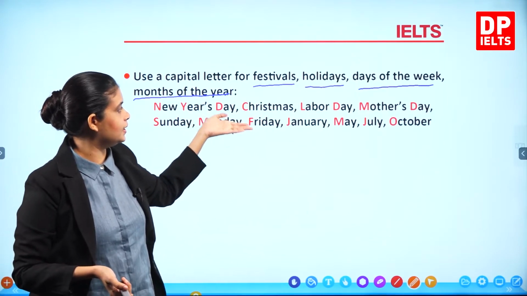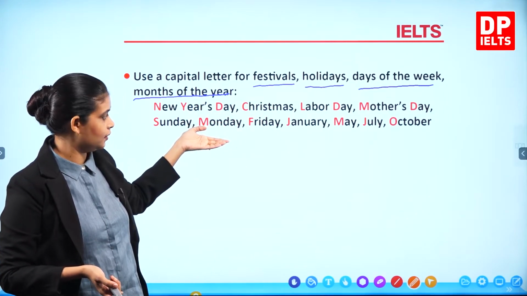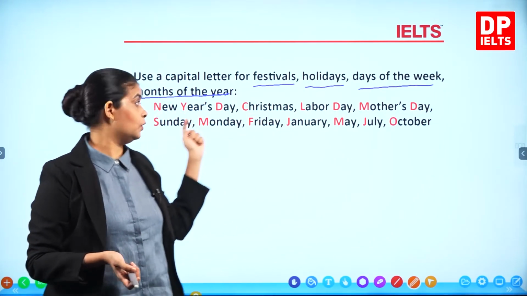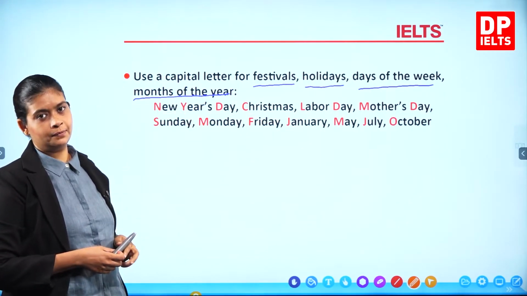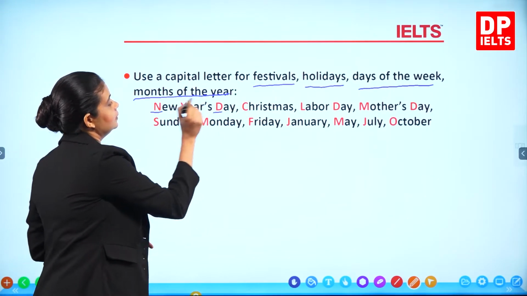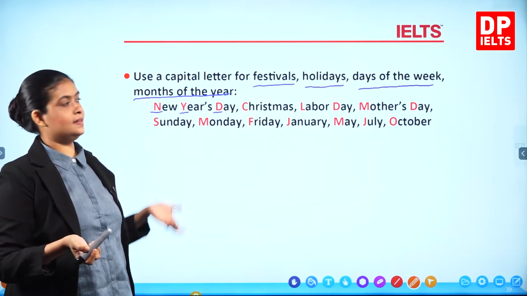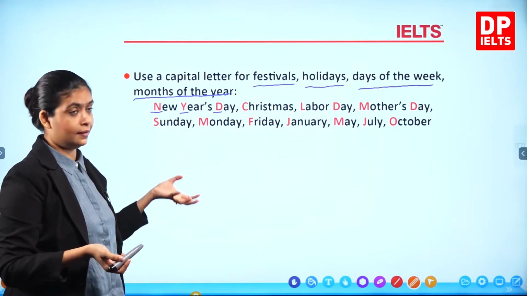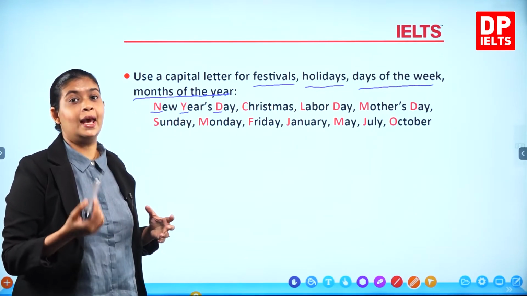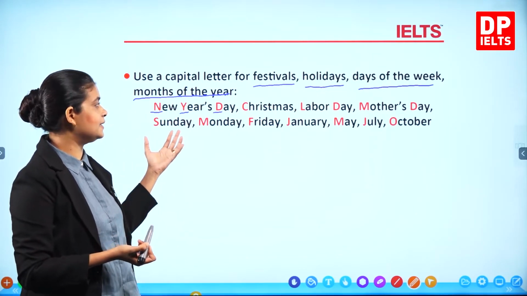Monday, Friday, all of those are days of the week. January, May, July, October, those are months of the year. So if you can see, the first letter is being capitalized. New Year's Day is a special day, it's a holiday. Okay, so we have the caps lock, or we say capital or uppercase or capitals here.